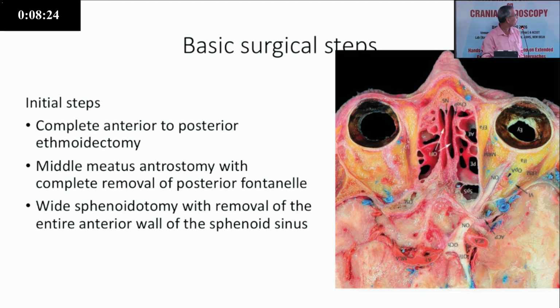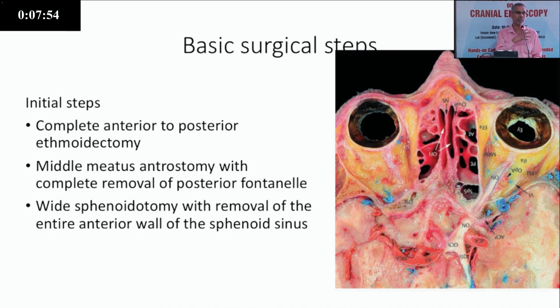The initial steps: these are ethmoid cells. So the entire ethmoidectomy has to be done so that you can delineate the lamina papyracea. The middle meatus antrostomy has to be done so that you can see the maxillary antrum. Why do you need to see that? One is that it will ensure that you are at the right place where the lamina is.